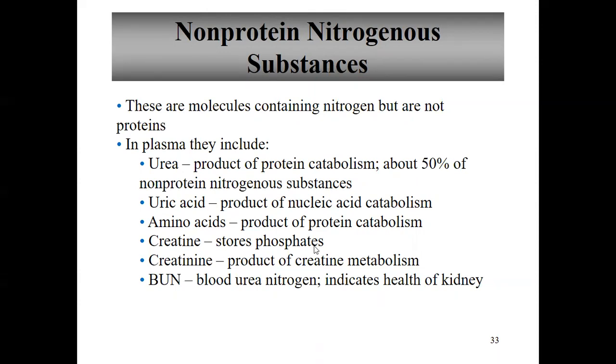Creatine is used as a phosphate store. If you remember when we talked about the muscles last semester, creatine is a substance that your body makes, but it is also a product that people who tend to go to the gym a lot take as one of their supplements, because creatine will help to restore ATP molecules, because creatine stores the phosphate.